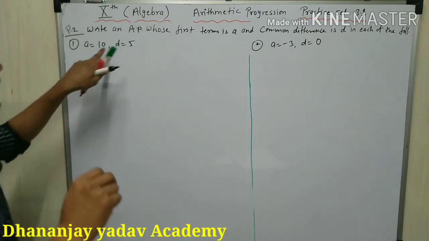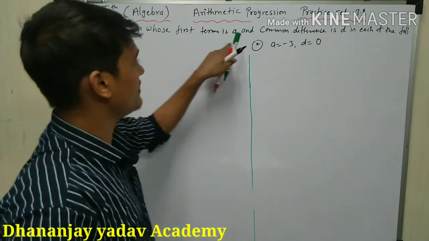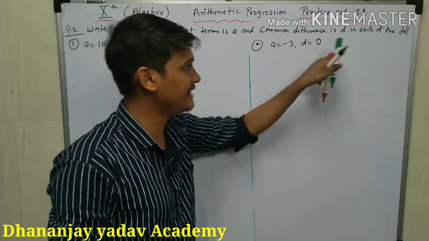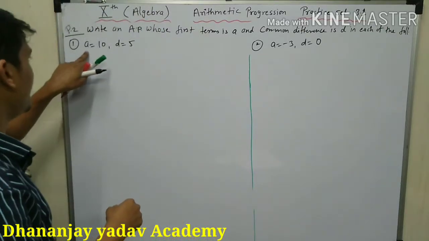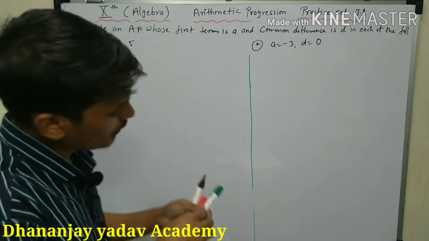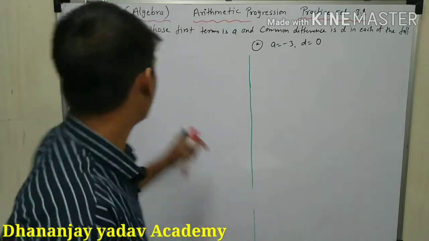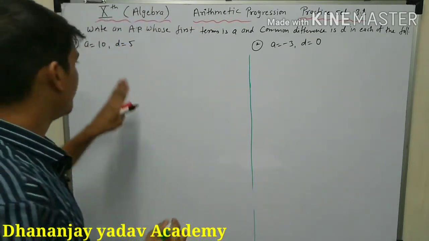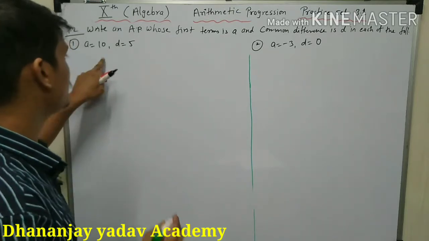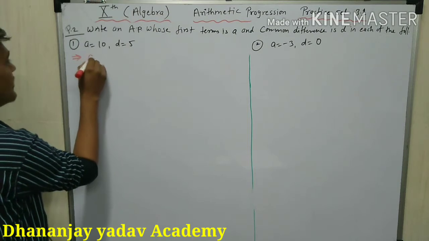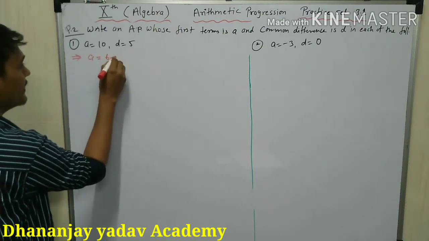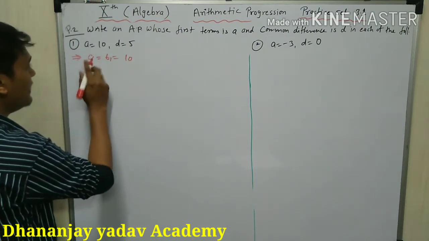Now question number 2: write an AP whose first term is A and common difference is D in each of the following. The first question is A is equal to 10, D is equal to 5. How to find the AP? A is what? A is T1, which is equal to 10.